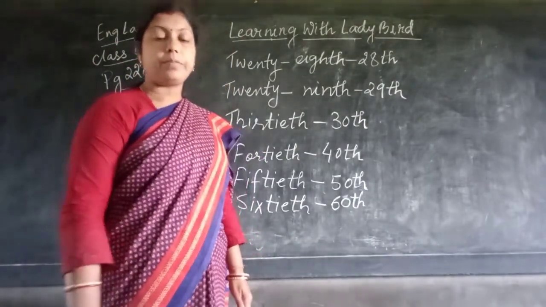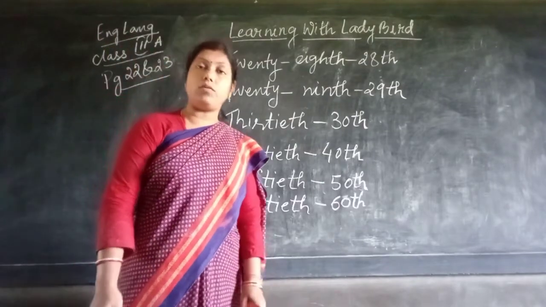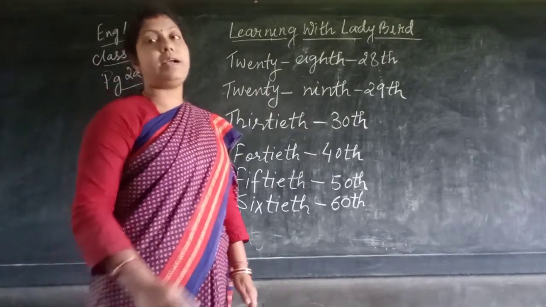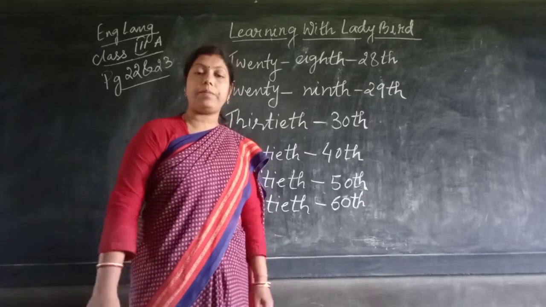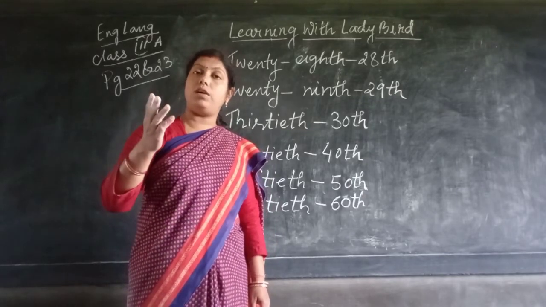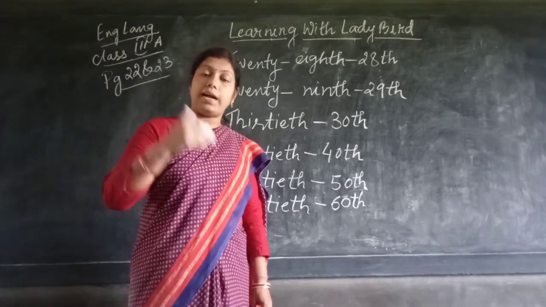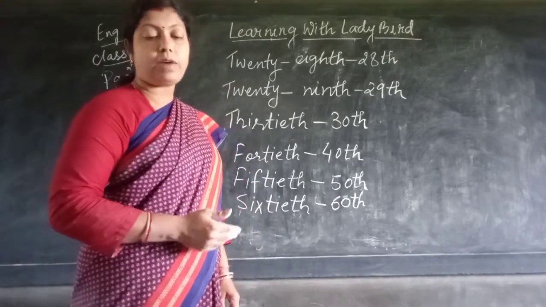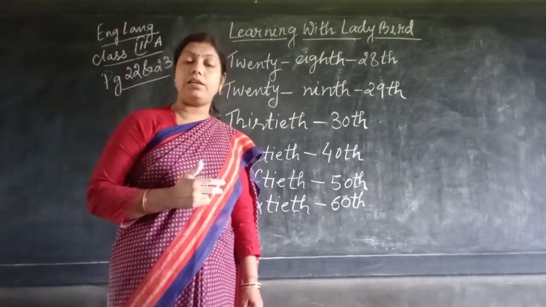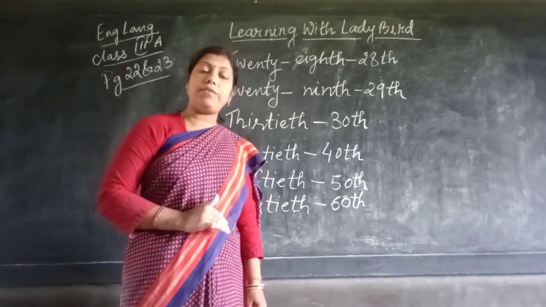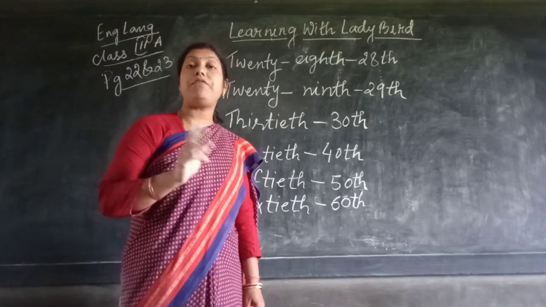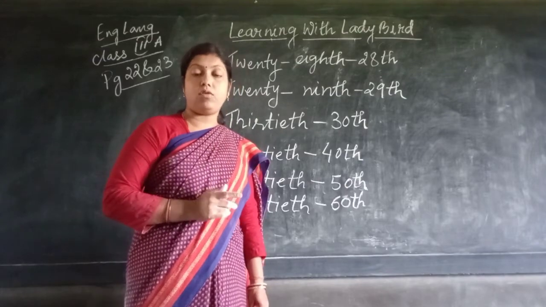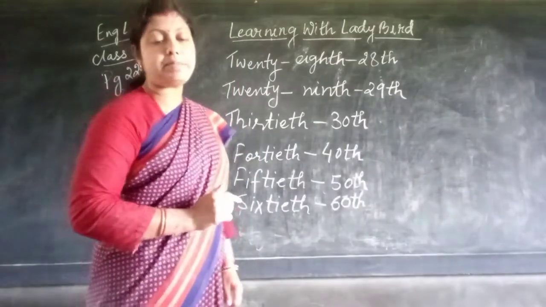You know how to write in 2 ways; just now I taught you. 45 you can write as 45th, and in spelling also. 50th, in numbers and in letters. 19th, 13th, then 27th, 47th, 31st. 31 means 31st. 28 means 28th.